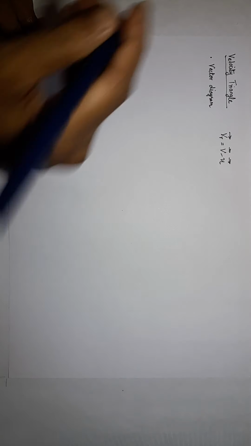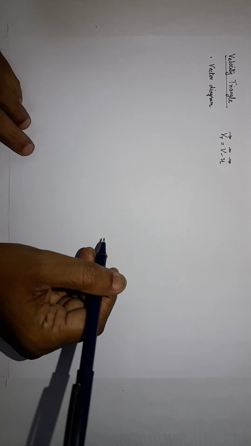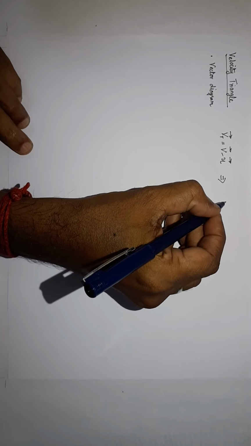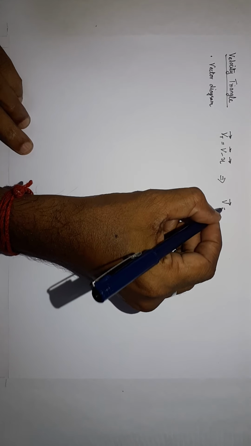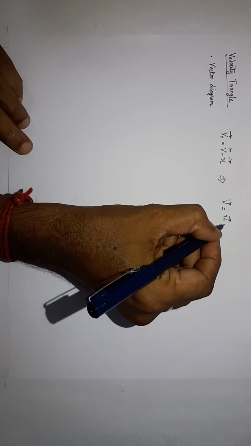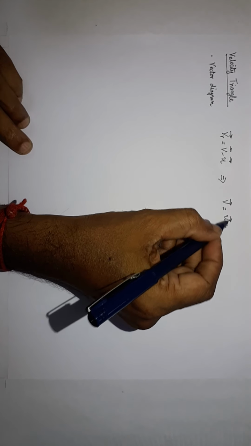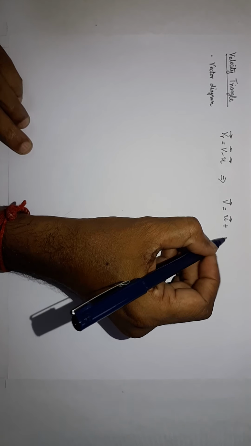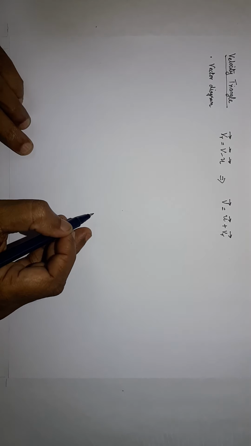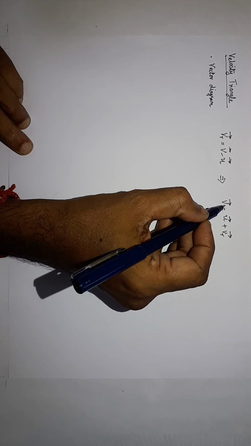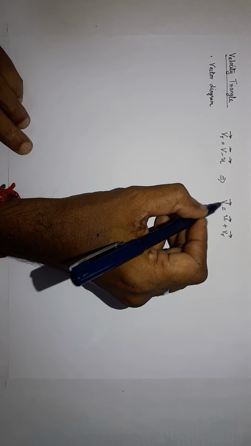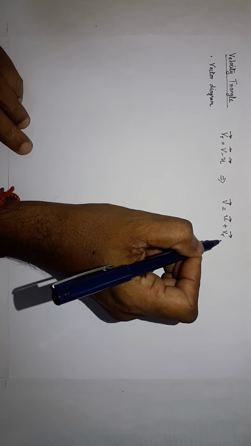Now let us try to understand how to draw the velocity triangle. From this equation I can write v vector, that is the velocity of the liquid jet or water jet, is equal to u vector, the velocity of the moving plate, plus the relative velocity vr. So one vector is equal to another vector plus a third. I have three vectors, so vector v is equal to the addition of the other two vectors.